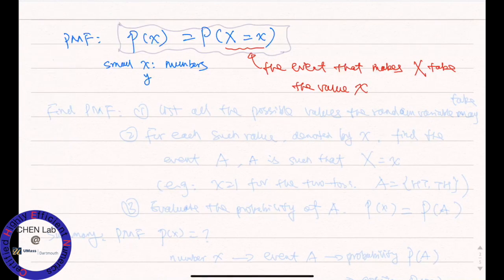So formally, as outlined in the book, if you want to find the PMF, you first list all the possible values the random variable may take, as we did above: 0, 1, 2.